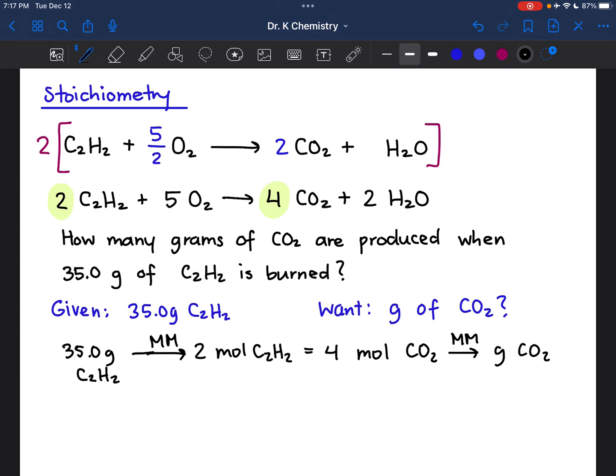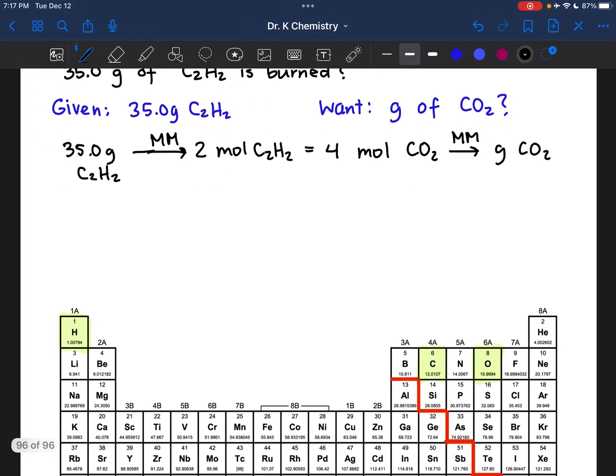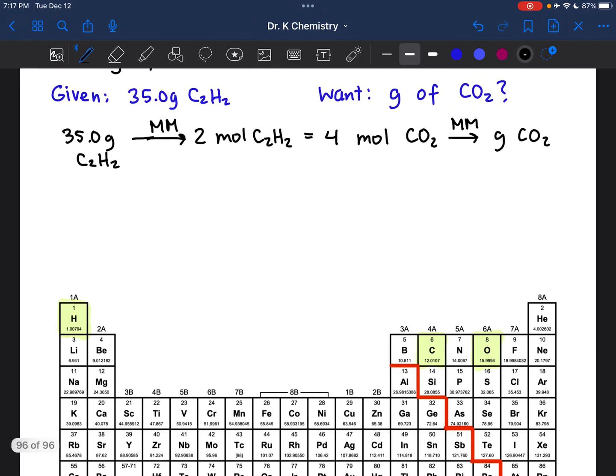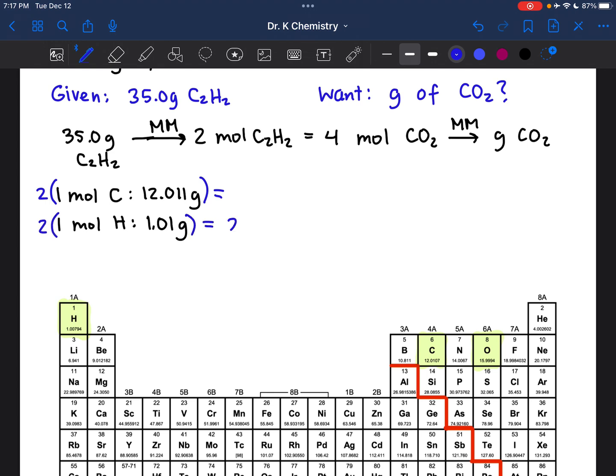Which means that we're going to need to calculate the molar masses of each of these compounds. For that, we will need the periodic table. And in 1 mole of carbon, we have 12.011 grams. In 1 mole of hydrogen, that will weigh 1.01 grams. Now, I do need to account for the amounts of each one in the formula. And we have 2 moles of carbon, so I will multiply that by 2.